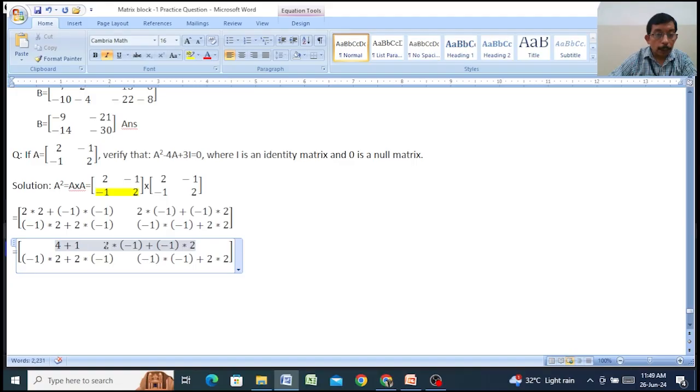2 into -1, the result is -2. Note down the same position. Minus 1 into 2, minus 2, note down the same position.